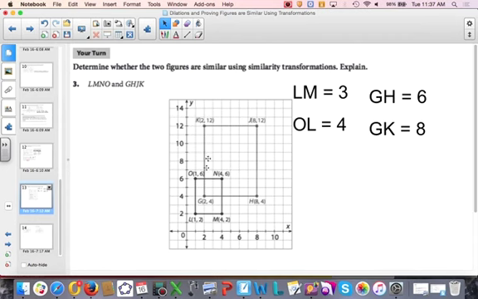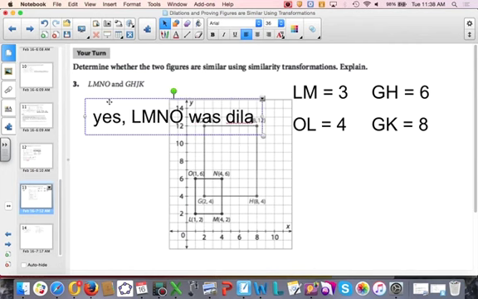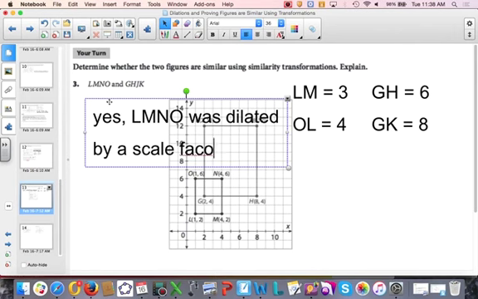And since visually we can see that these are both rectangles, is there some value that I can multiply 3 by to get 6 that I would also multiply 4 by in order to get 8? And yes, there is. My scale factor is 2. So yes, LMNO was dilated by a scale factor of 2.